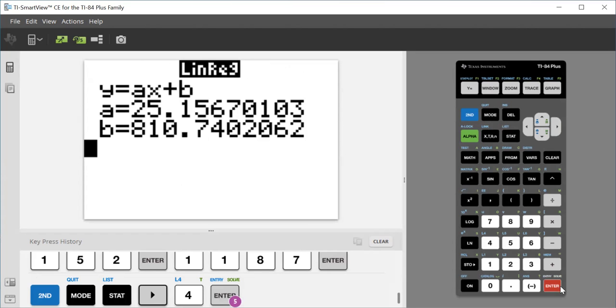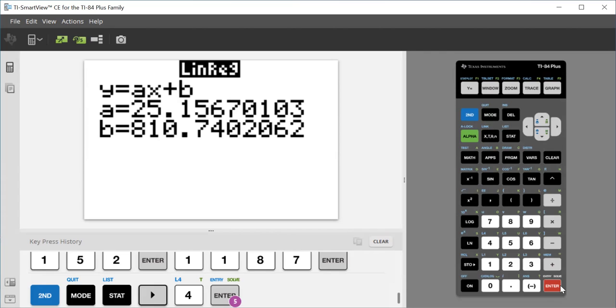So for most of us, this is what you're going to get when you run it. There are a set of regression statistics that we need. Sometimes I don't remember to turn the statistics on until I run regression the first time and I don't get everything that I need. So what this is giving me is the slope and the y-intercept for my equation. But I need to know another value.